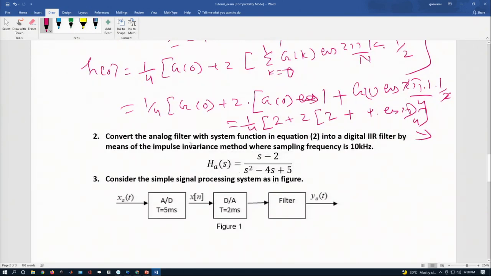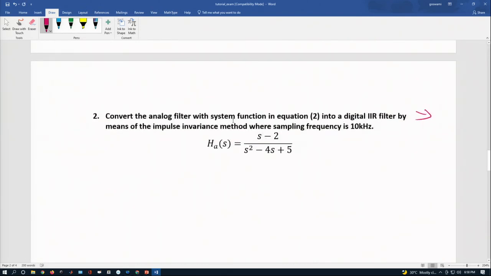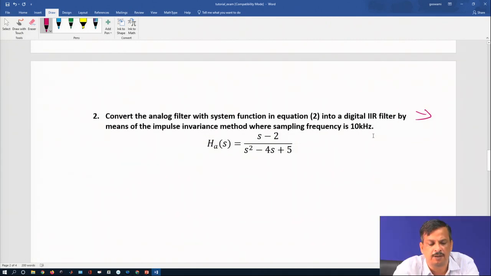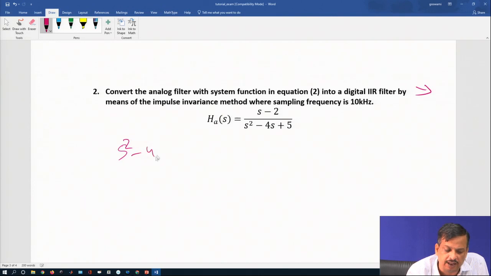Let us see the next question. Convert the analog filter system function to a digital IIR filter by means of the impulse invariance method, where the sampling frequency is 10 kilohertz. What do I have to do? First, I have to calculate the poles of the system. What is the pole value? s square minus 4s plus 5 is equal to 0.